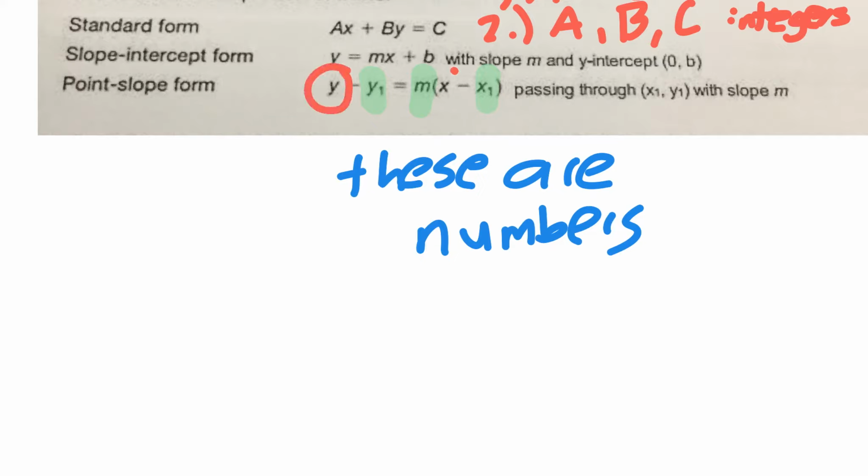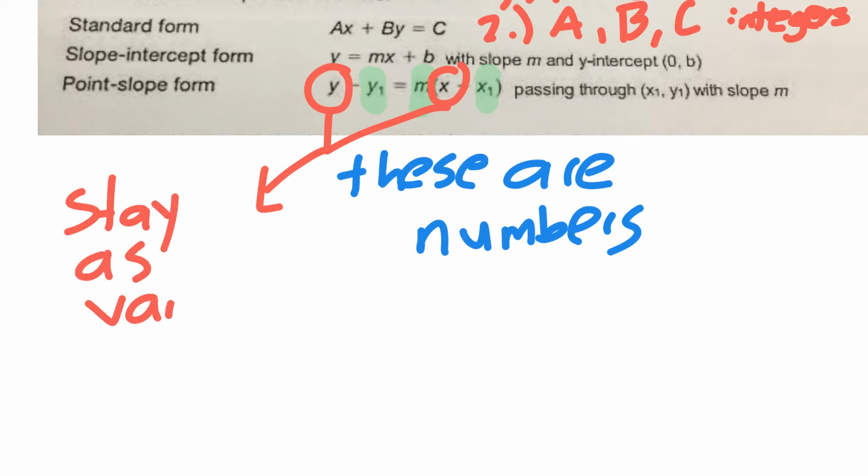The y and the x, those are going to stay as variables. People will get in point slope form and they'll try to plug in just numbers all over the place, okay? And it's not right if you do it that way. The only place you're plugging in numbers are for the y1, the m, and the x1. Y and x, they stay as y and x.